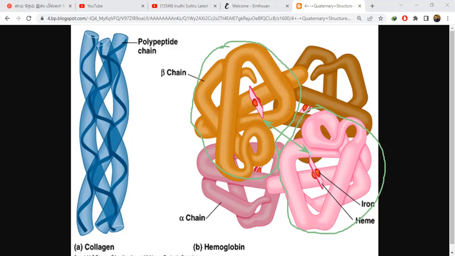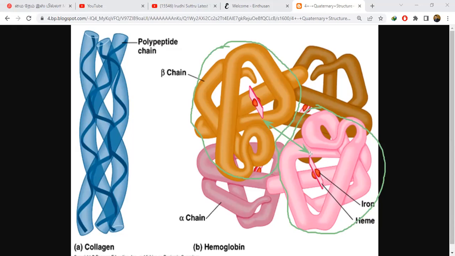Inside the molecule, inside one subunit, we have to call it intra. Understood? Clear?